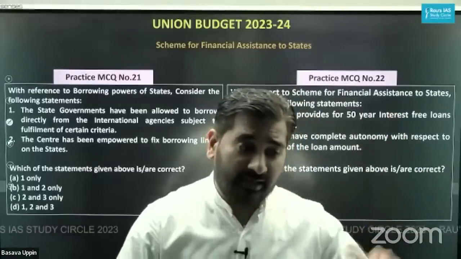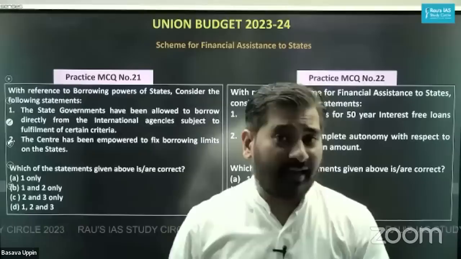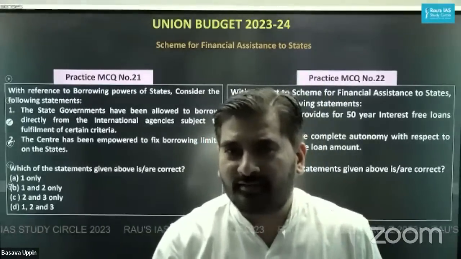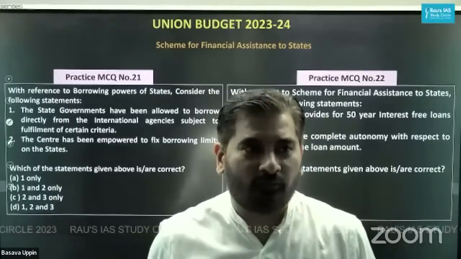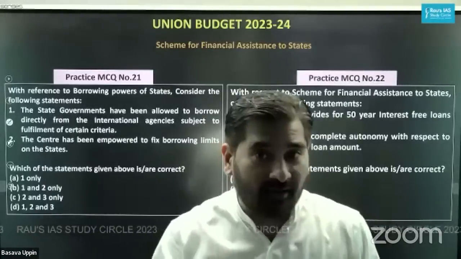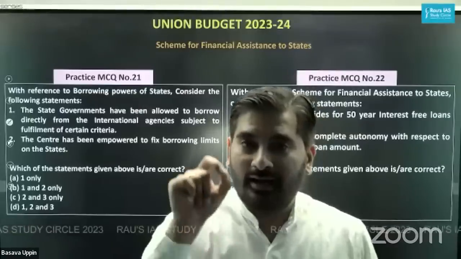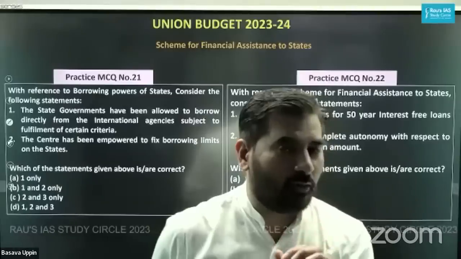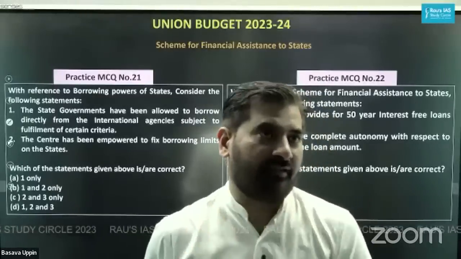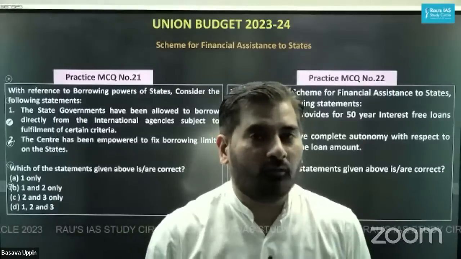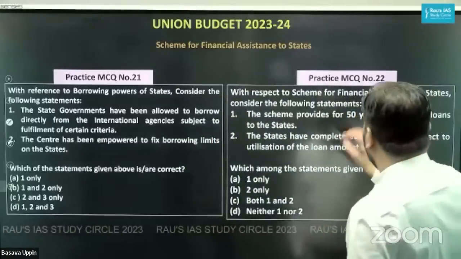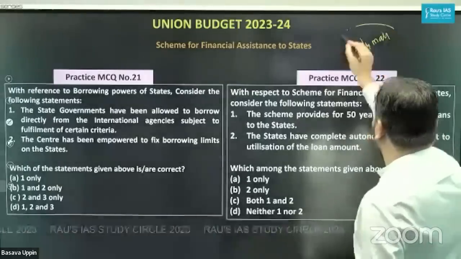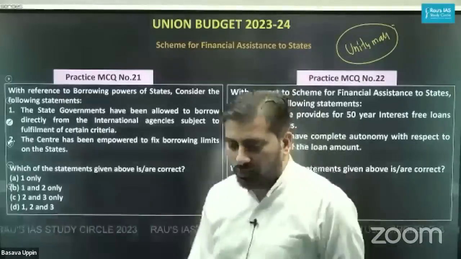Second, last year, when we gave loans to the states under this particular scheme, we did not impose any conditions on the states for what purpose the money has to be utilized for, right? But this year, the finance minister has said that the loans availed by the states under this particular scheme, a certain part of these loans has to be used for a specific purpose. What specific purpose? For example, in this year's budget, the finance minister has said that certain part of loans would have to be used by the states for creation, for setting up Unity Mall.